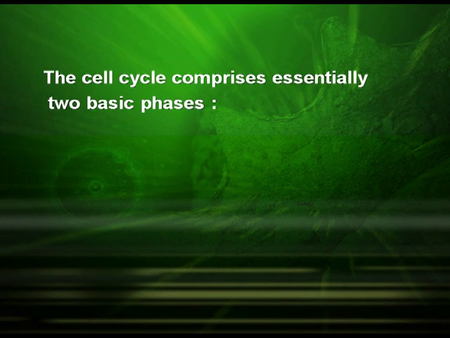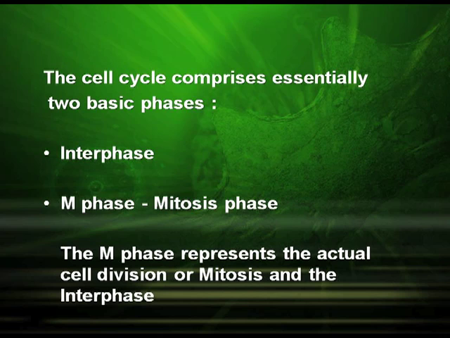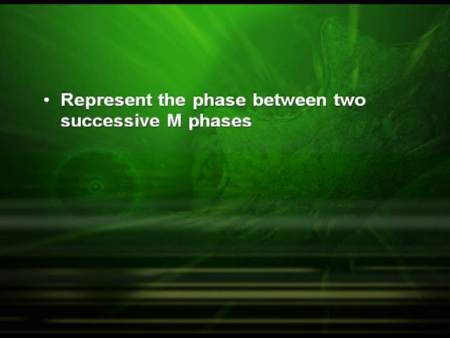The cell cycle comprises essentially two basic phases: one, interphase, and two, the M phase, also called the mitosis phase. The M phase represents the actual cell division or mitosis, and the interphase represents the phase between the two successive M phases.